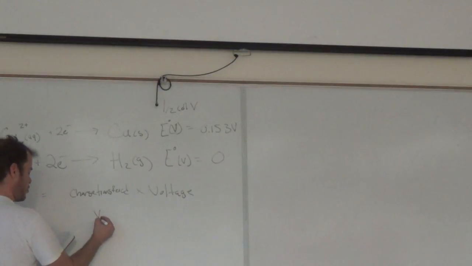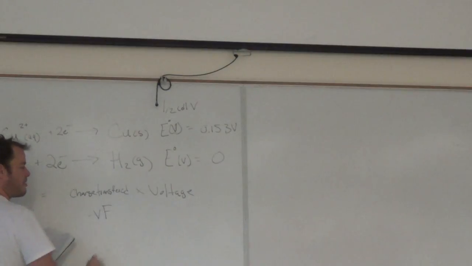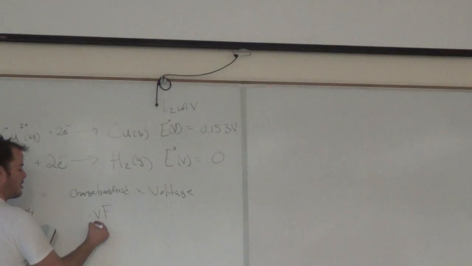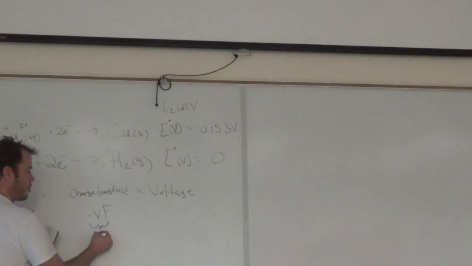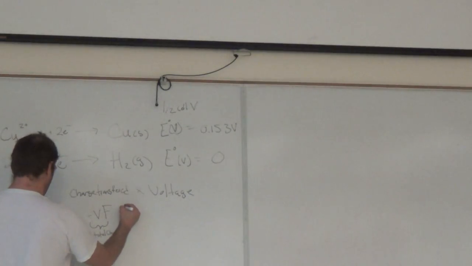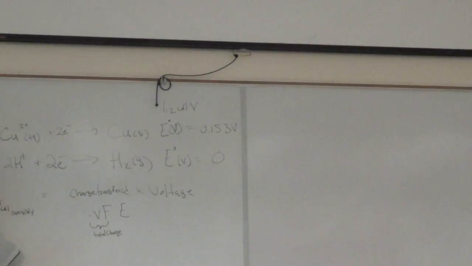We'll call that v, the charge on the ion, and multiply this by Faraday's constant. That gives us the total amount of charge. So the coefficient on the charge for the ion times Faraday's constant is the total charge. And voltage is E, and we have that delta G is equal to negative vFE for electrons transferred through one of these cells.